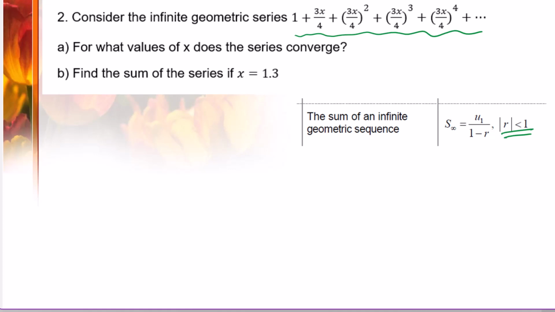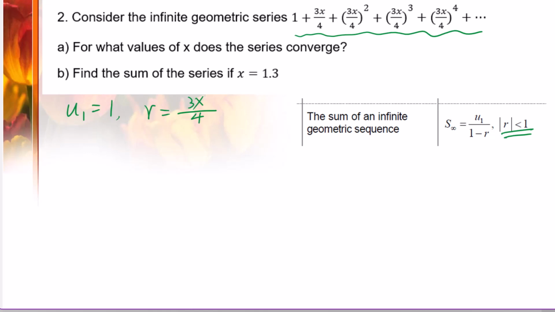From this geometric series, we know u sub 1 equals 1 and common ratio r equals 3x over 4 over 1, equals 3x over 4.